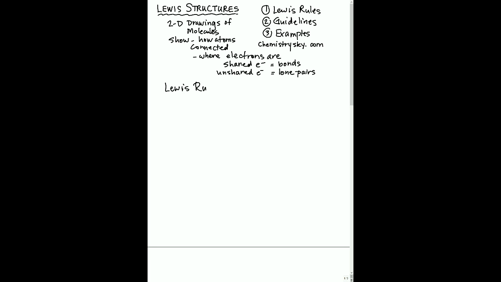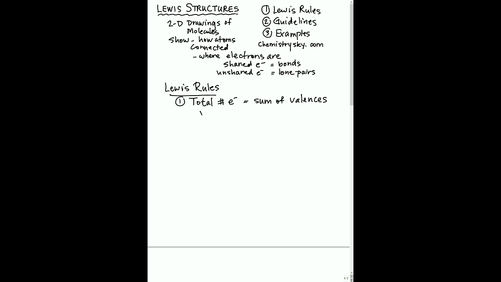And I will try to write a little bit bigger here. Okay, Lewis rules. The first rule is that the total number of electrons in your diagram must equal the sum of all the valences. You can't spend more money than you have, and you can't use more electrons than you have.